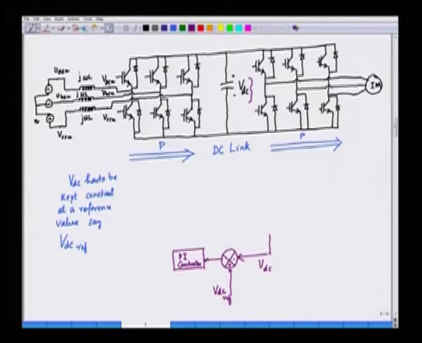So, we have a voltage error, and that is fed to a controller, and the output of this controller will decide the input current.